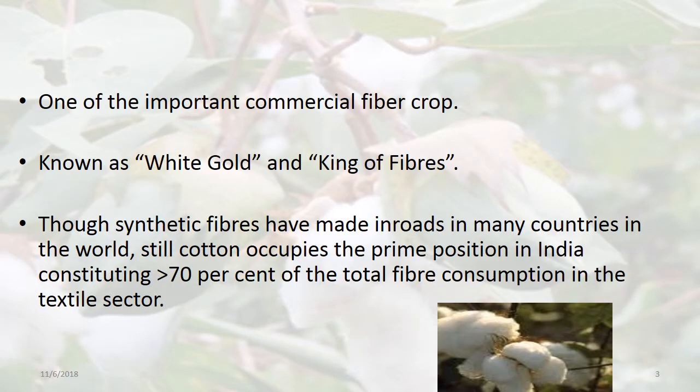One of the important commercial fiber crops, it is known as white gold or king of fibers. Though synthetic fibers have made inroads in many countries in the world, cotton still occupies the prime position in India, constituting more than 70% of the total fiber consumption in the textile sector.